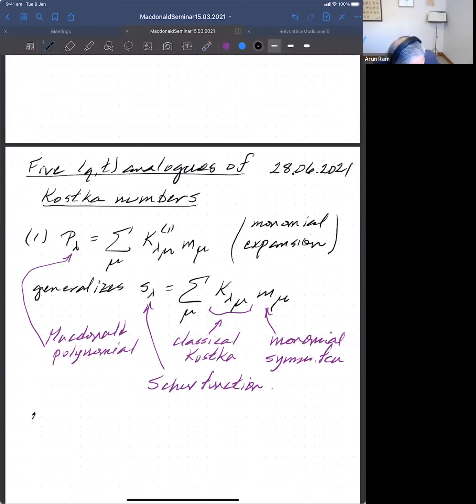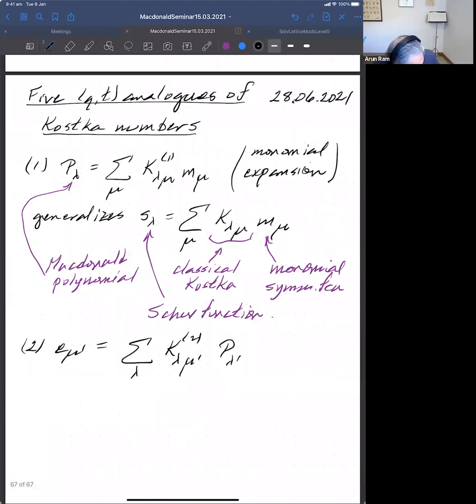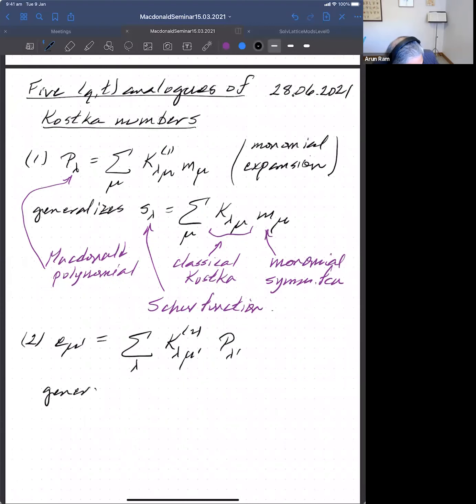So the second one, which you can do, is you can take the elementary symmetric function and expand it in terms of Macdonald polynomials. I'll call that K lambda mu 2. And this is a sum over lambda now. So this generalizes the following: if I take the elementary symmetric function and expand it in terms of Schur functions, then I get the ordinary Koska numbers, if I have done it correctly, with all the conjugates.